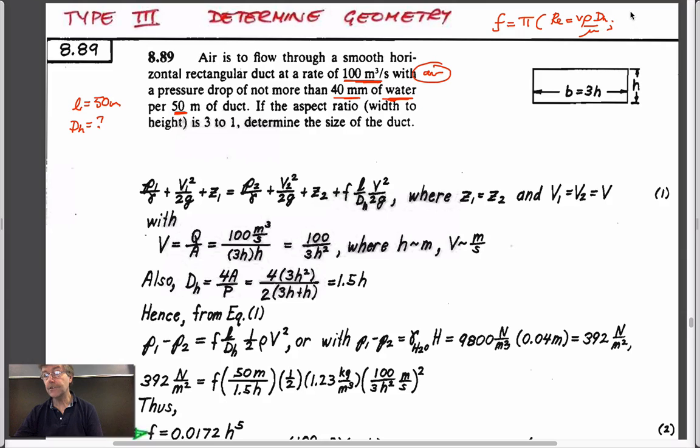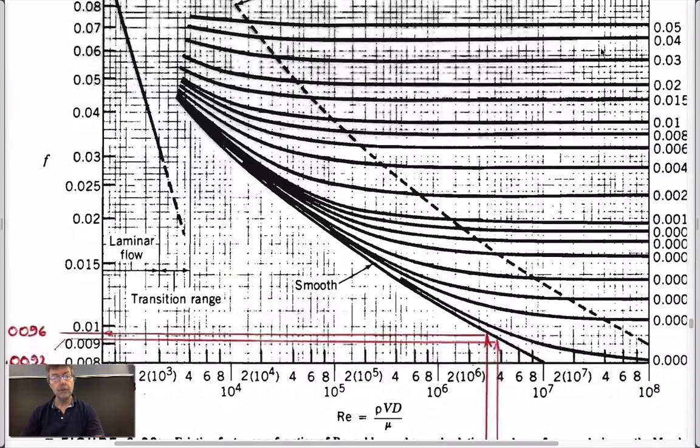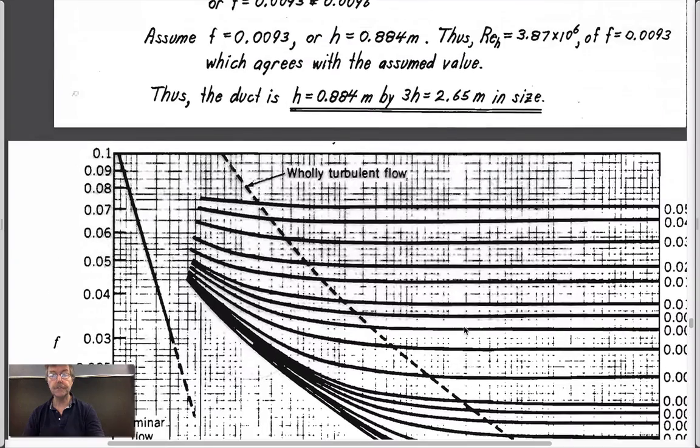And it's also a function of some roughness. Except in this case, the key term is smooth. Smooth means 0, right? So at least that makes it a bit easier for us. And the significance of 0 means that when we're looking at the Moody chart, we're always looking on this curve here. So that's the smooth curve.